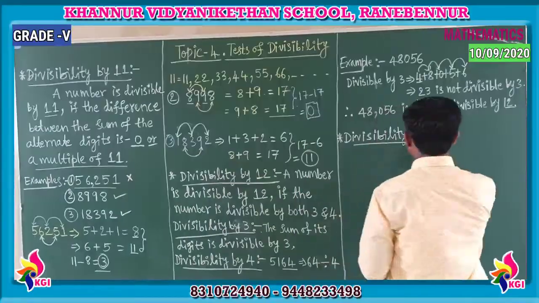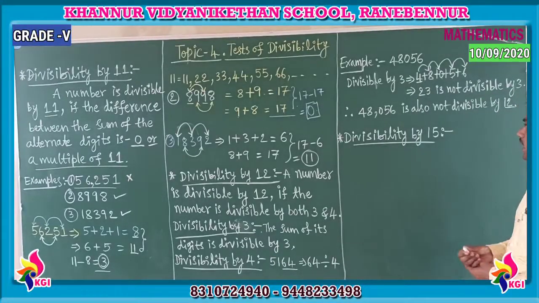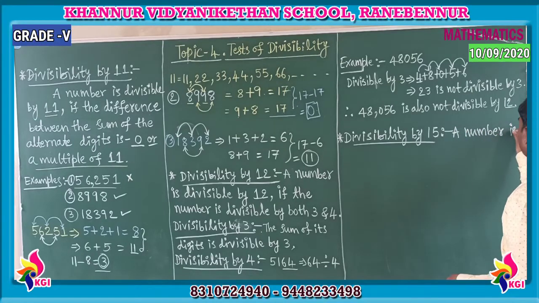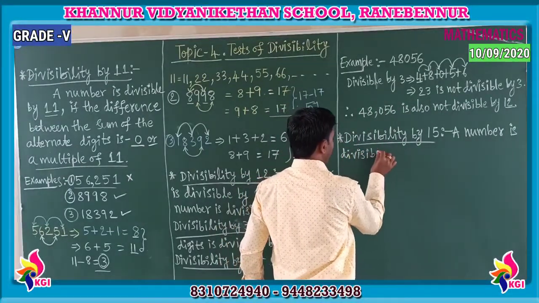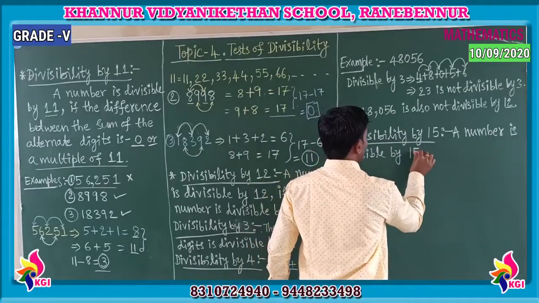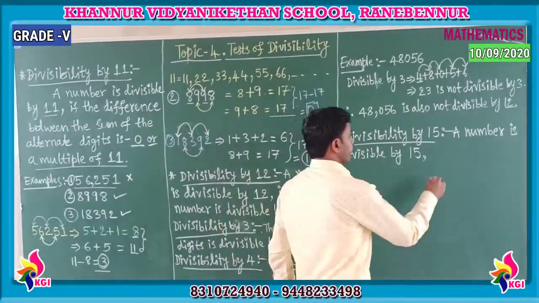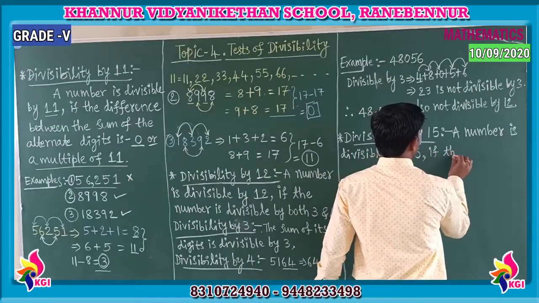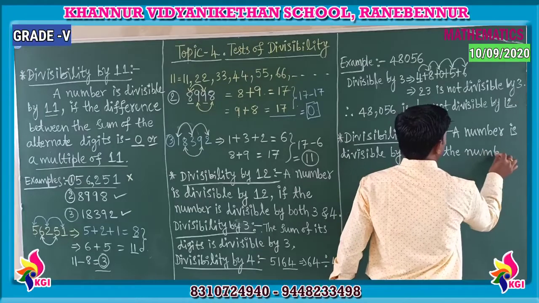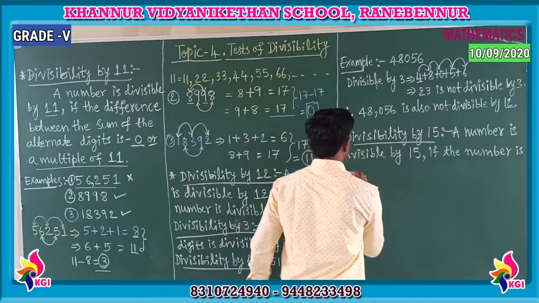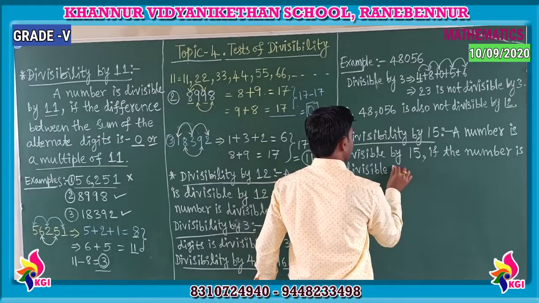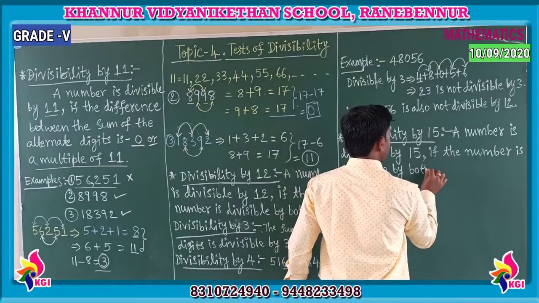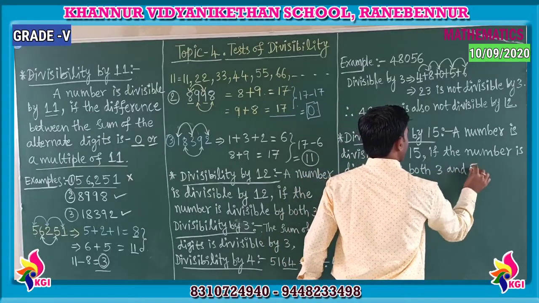This divisibility by 15 rule says that a number is divisible by 15 if the number is divisible by both 3 and 5.